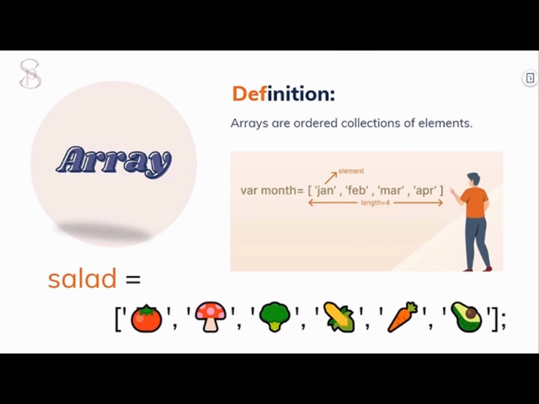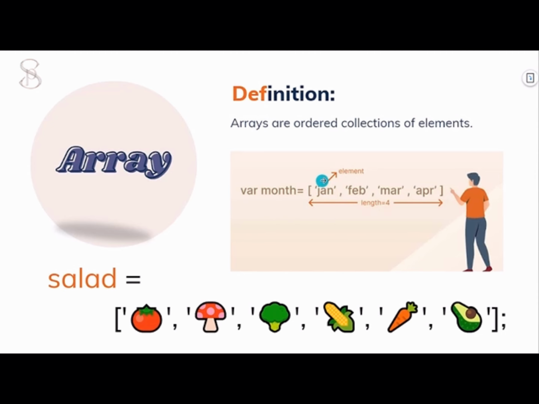So let us discuss arrays. In a simple way, we can say arrays are an ordered collection of elements. For suppose we can store some collection of elements in an ordered way. For suppose we are taking var month, a variable month.